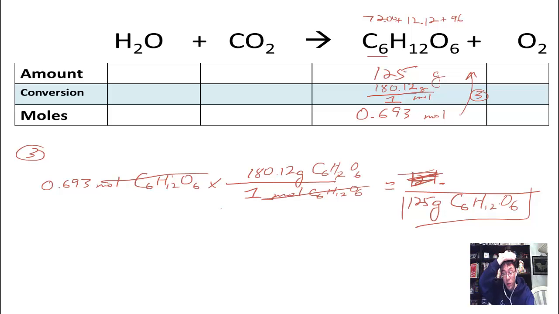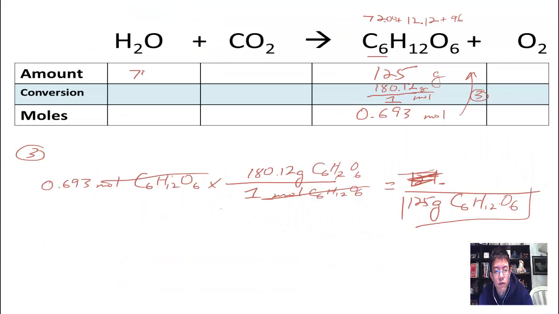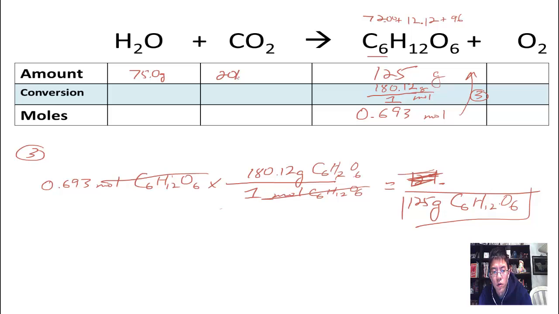So we figured out that's the amount of glucose that we can make, even though we originally had 75.0 grams of this and 201.0 grams of this one. In the end, we can only make 125 grams.